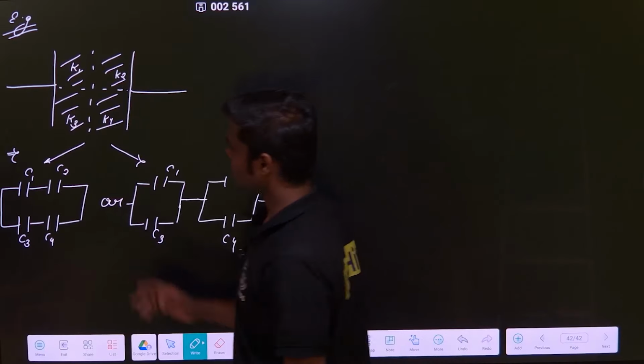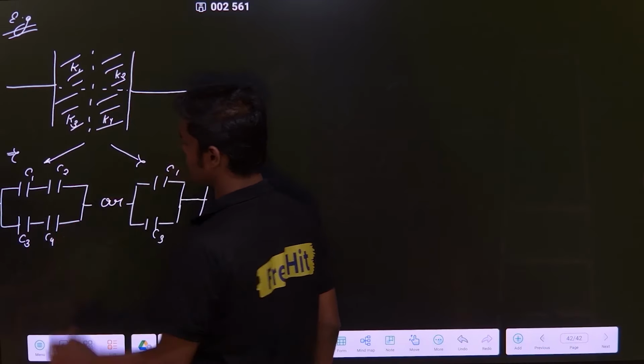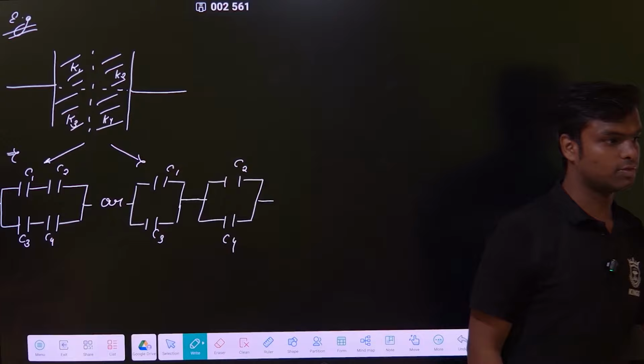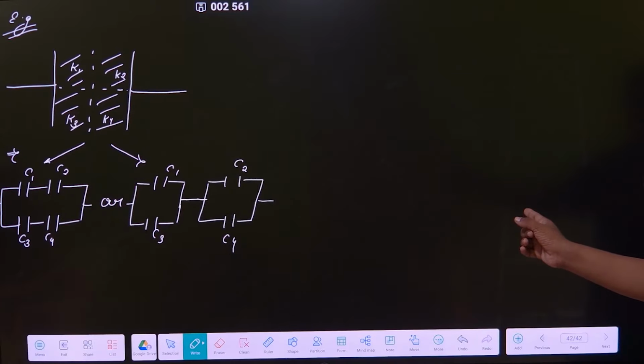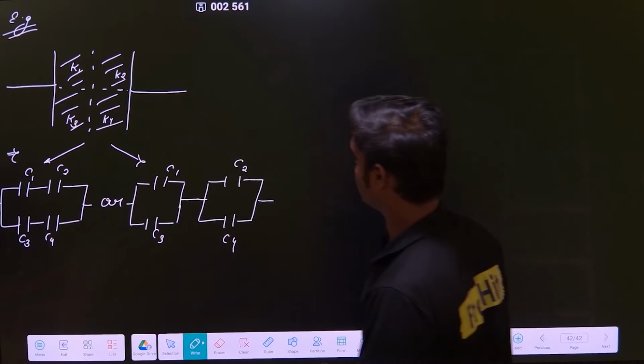Yeah, so which one is correct? I want to know from you which one is correct, whether we will take this configuration or that configuration. Which one we will take, this one or this one?